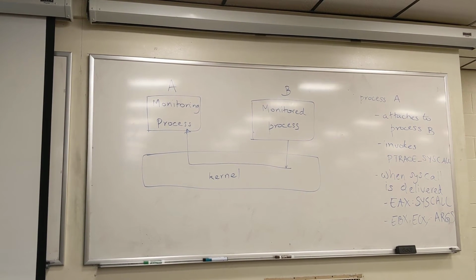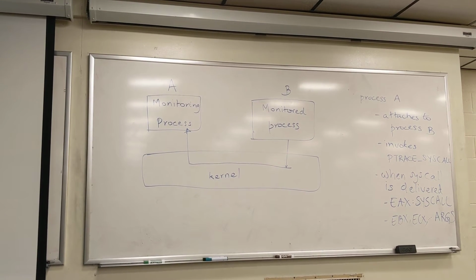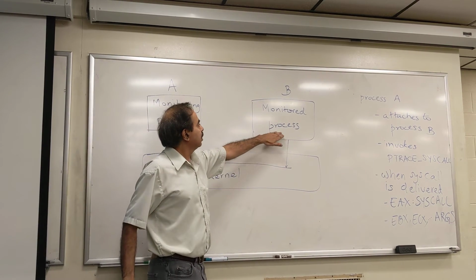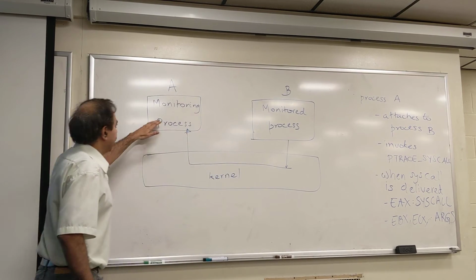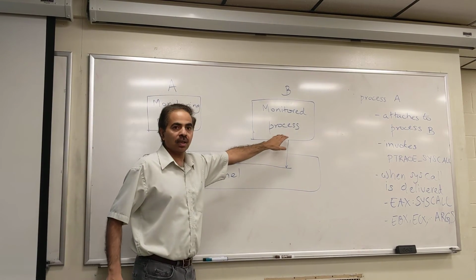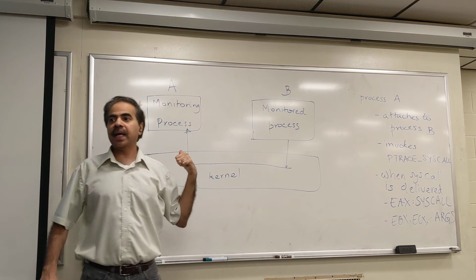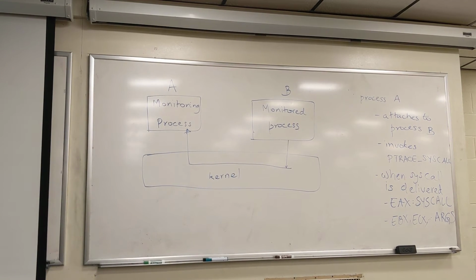So for some system calls like open, right? What is being passed to the kernel is an address of a string, right? And the string is actually residing inside the address space of process B. So what A needs to do is to go and fetch those memory bytes, and then it will know, okay, this is exactly the system call.